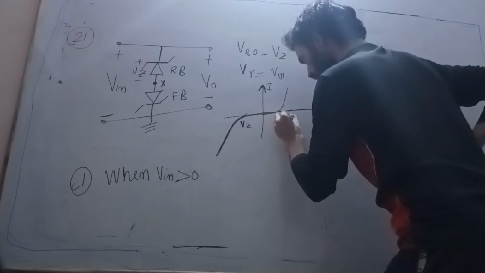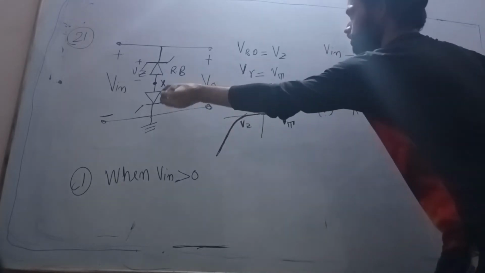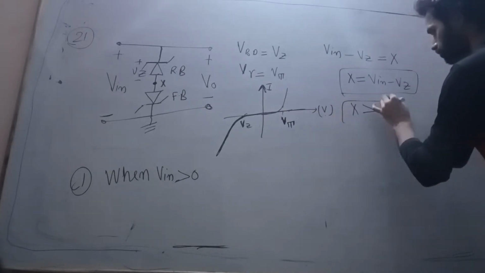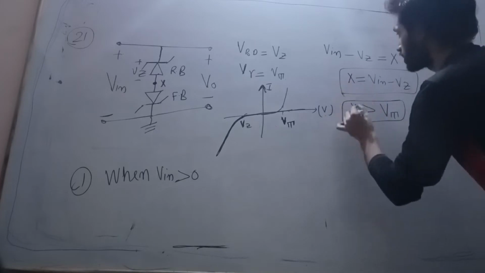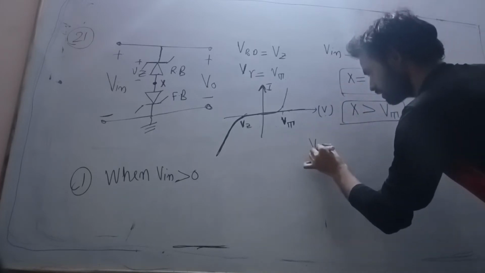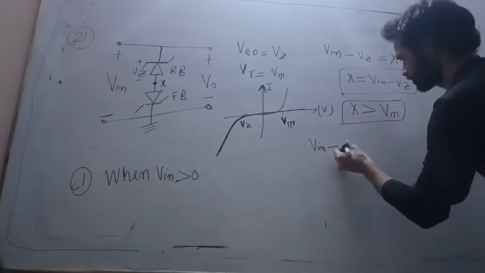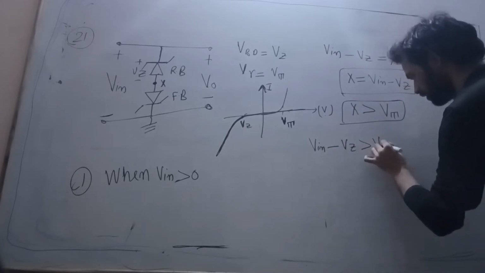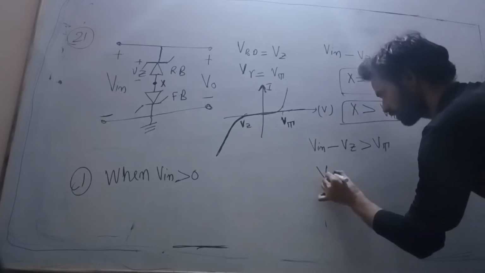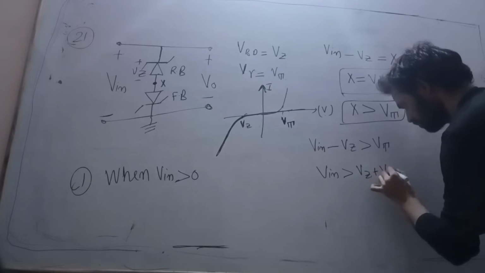When x exceeds this cut-in voltage, it will go in forward bias. What is x here? x is nothing but Vin minus Vz, which is greater than Vt, meaning Vin is greater than Vz plus Vt.